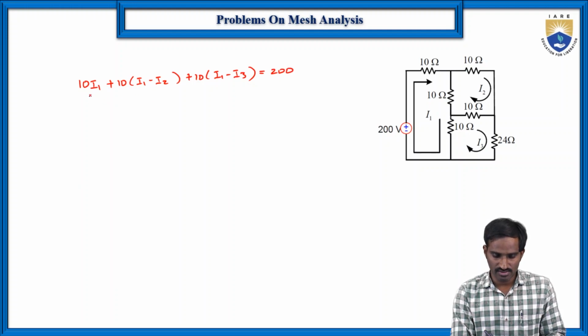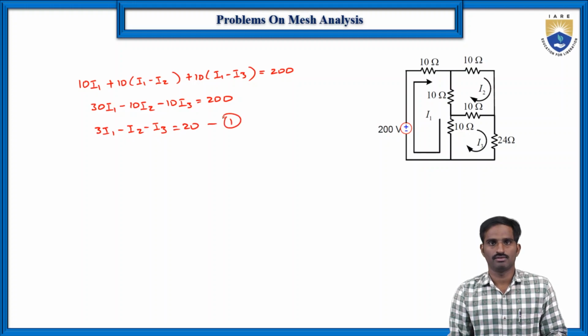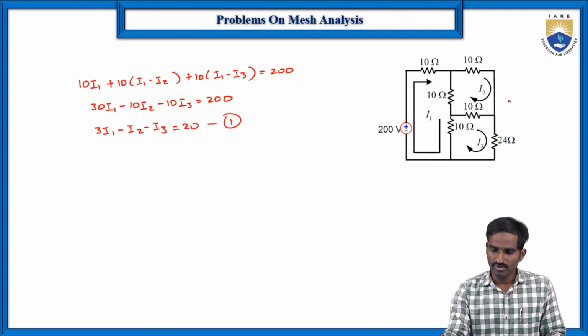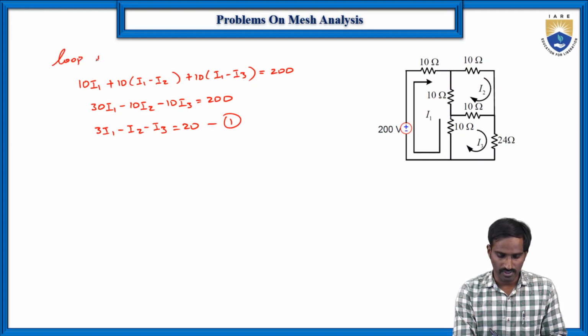If you simplify this, it is 30 I1 minus 10 I2 minus 10 I3 equal to 200. If you simplify further, 3 I1 minus I2 minus I3 is equal to 20. Let us consider this as equation number 1.